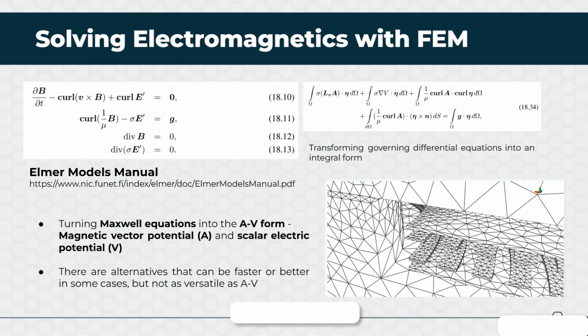So we are solving a system of equations that describe integrals corresponding to Maxwell's equations, and we do it for a very large sparse matrix. The result of this sparse matrix is the A-V vector potential solution, from which we can then derive the magnetic fluxes, current distributions, and so on.